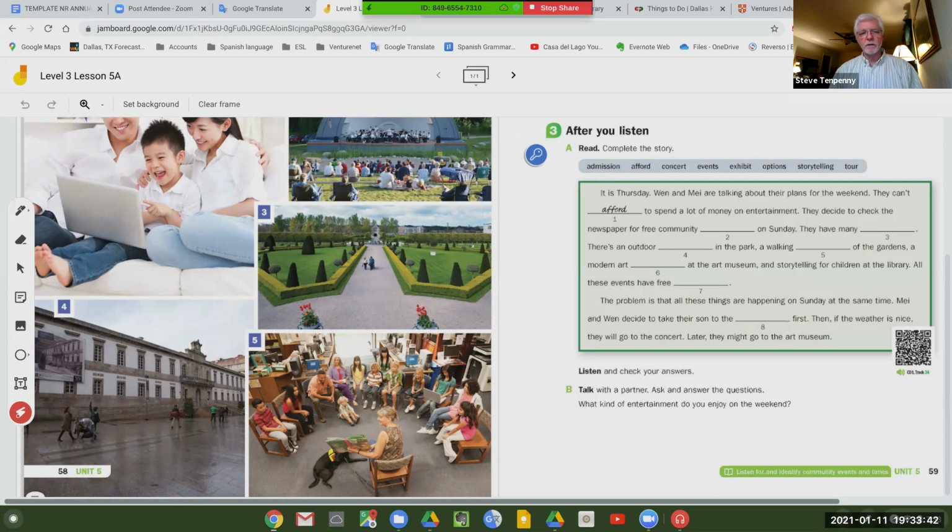And so they have different types of events, like this lady is telling a story for children. And so the children are there probably with their mother and father to hear the storytelling that the woman does. And sometimes the libraries do this for children or different people that don't get a lot of opportunities to do this.